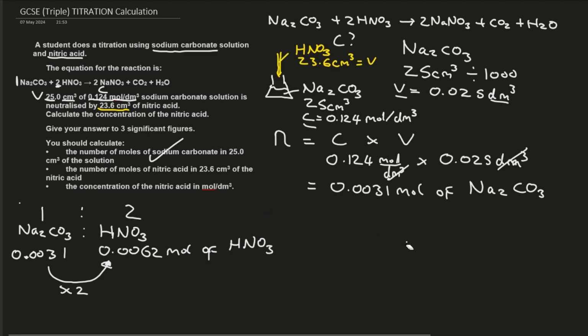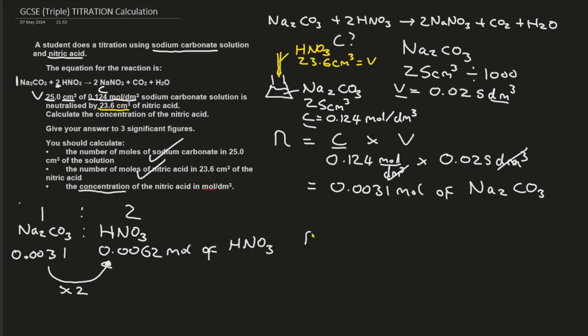Right, so the last part then is thinking about what can we do with getting the concentration, because this is the last part we need. So we found the number of moles of our HNO3, which is there. We have, again, our equation here. And how do I find the concentration? Well, I can rearrange it, can't I?